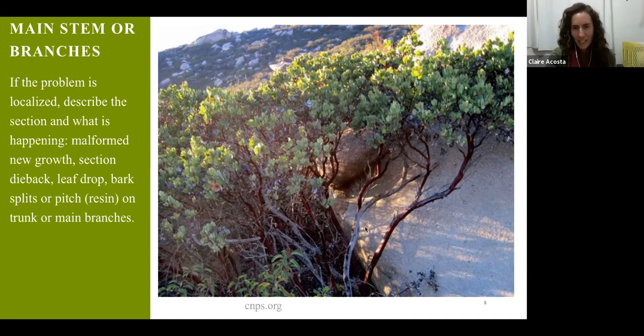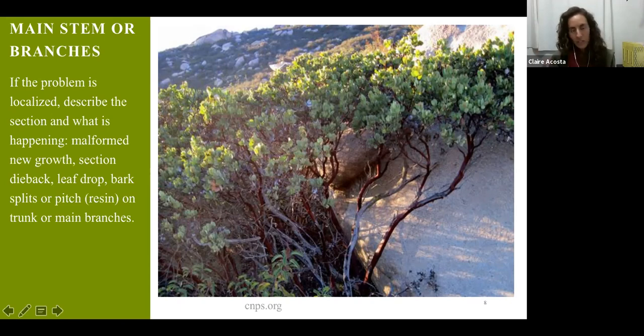You can see my cursor, there's this living red, and then over to the right is a branch that's died back. So that's very common with them. But again, you're working through the plant identifying and describing the problem so that you can make your plan accordingly.